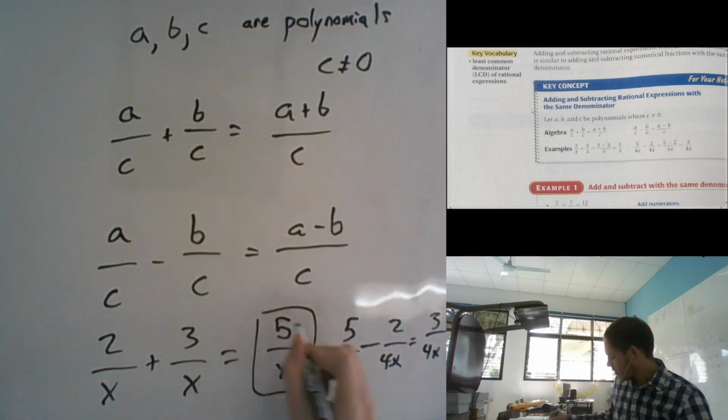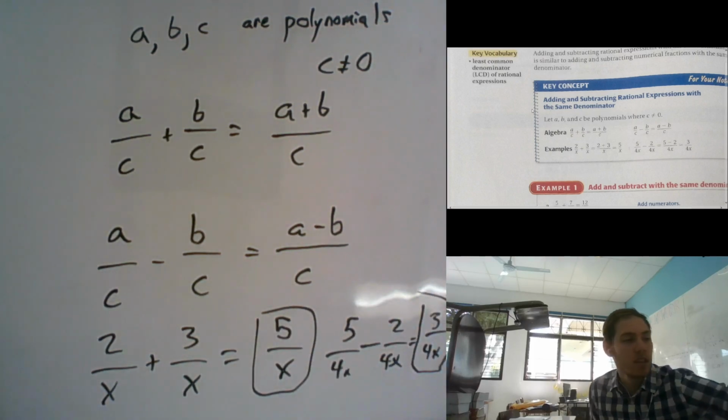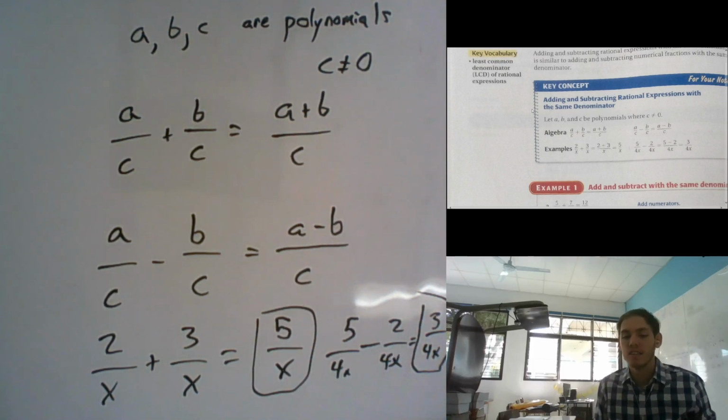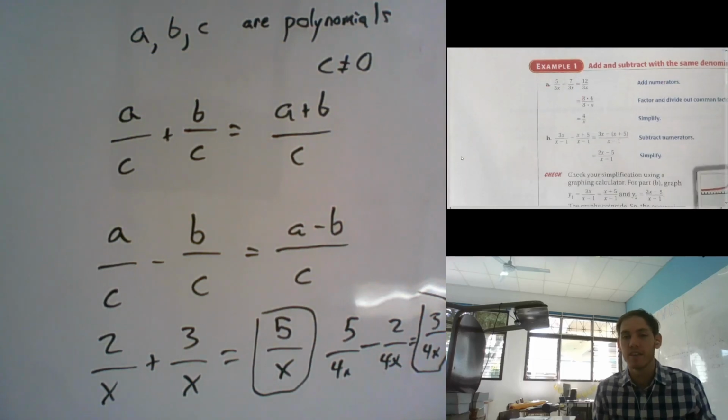So again, you're just adding the top, okay? So the reason why we want the smallest is because the smallest will always give us the simplest. We want the simplest form, okay?